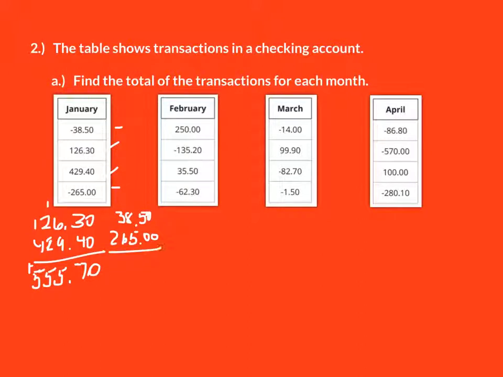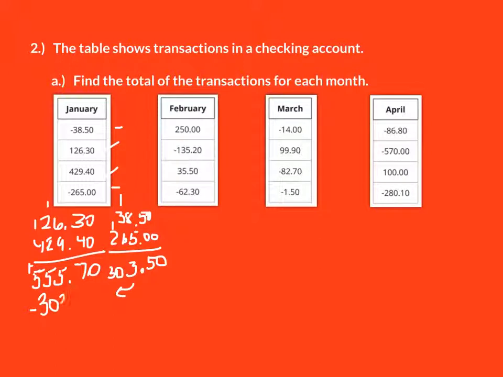Now these are both negative, but because the signs are the same, find the sum. So I've got 50 cents with no cents at all is 50 cents right there. 8 plus 5, of course, is 13. Carry 1. 1 plus 3 plus 6 is 10. Carry 1. That's 303.